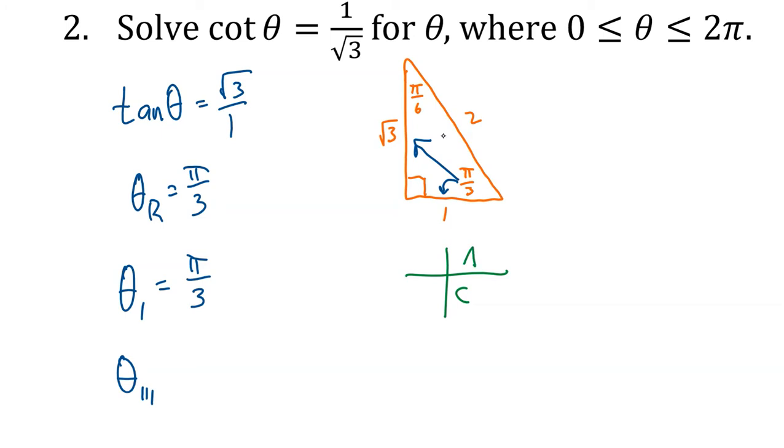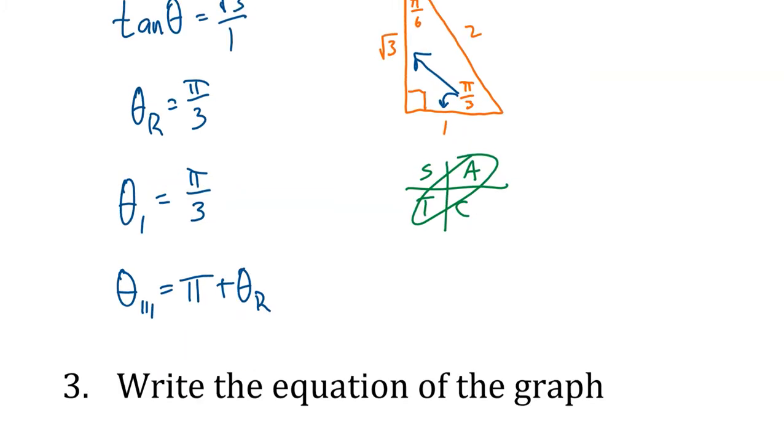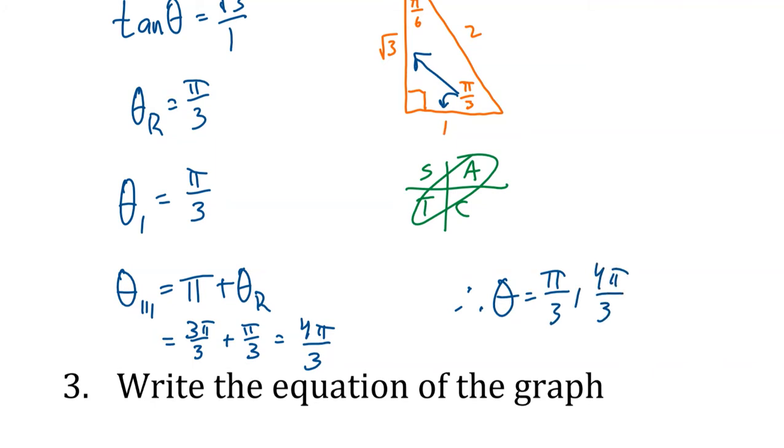I'm going to write it out again. How do I find theta in quadrant 3 from theta related? Pi plus theta related. So that's 3 pi by 3 plus 1 pi by 3 gives us 4 pi by 3. So the answers are pi by 3 and 4 pi by 3.